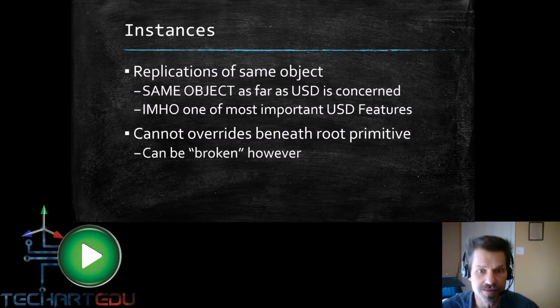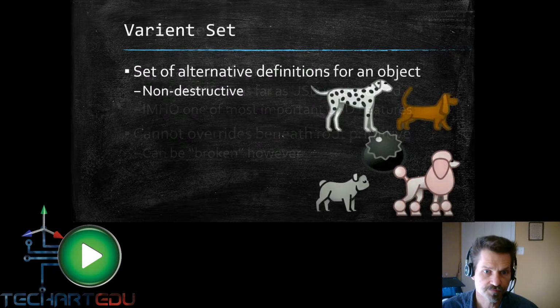And in my humble opinion, this is one of the most important USD features, and this is going to be the key factor for using USD in order to define entire worlds. I do mean entire worlds, because you can define entire worlds now with USD, which is something that you couldn't do with an FBX file.